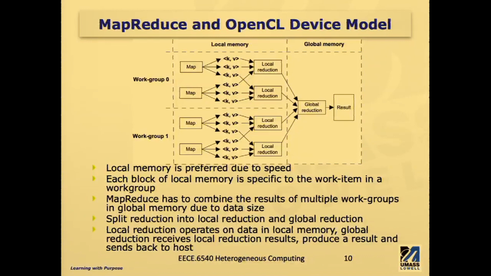But more importantly, the bandwidth of the global memory. So it's beneficial to have some of the reduction actually done within the work group. That means we will not use the global memory. Instead, we're going to be using the local memory to perform some of the reductions.